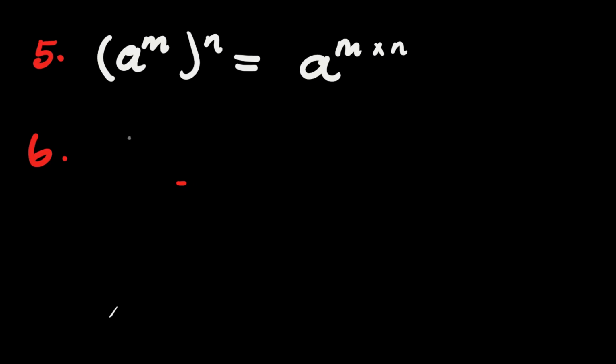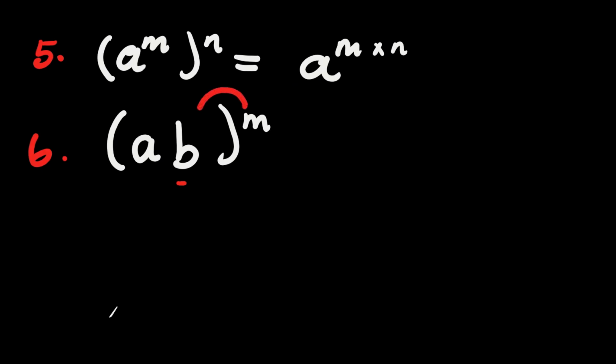So law number 6 states that if we have a base, or we have two bases actually, and an exponent outside, now the exponent will have to multiply the exponent inside, and we have to multiply the exponents inside for each of the bases.